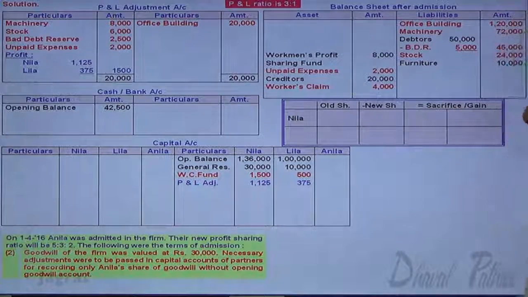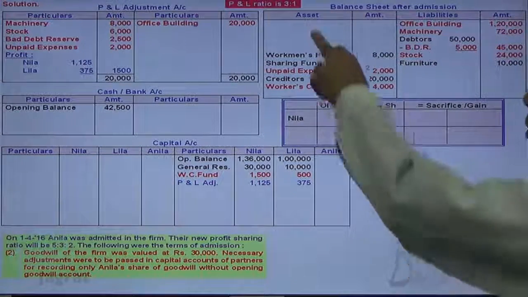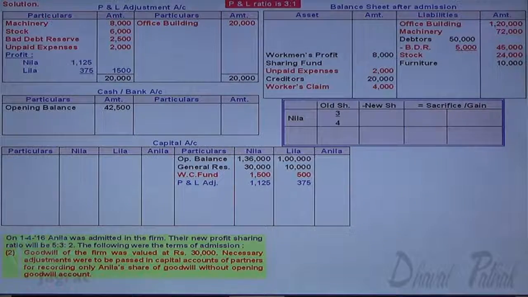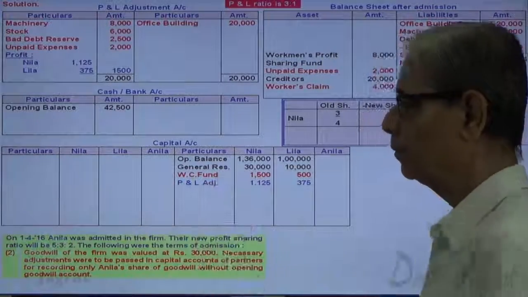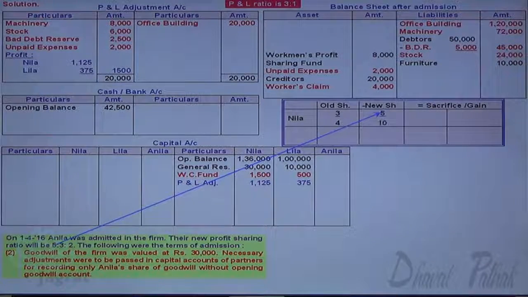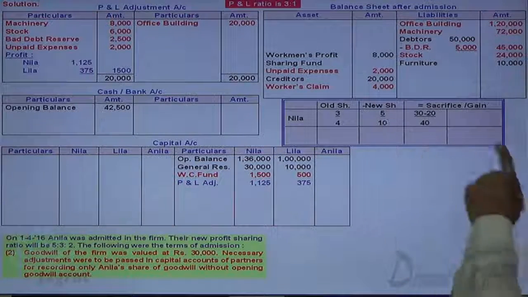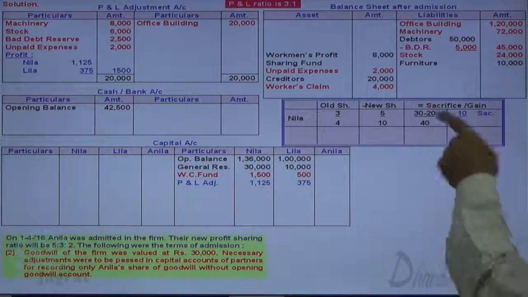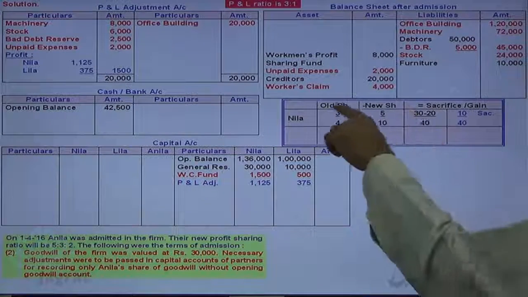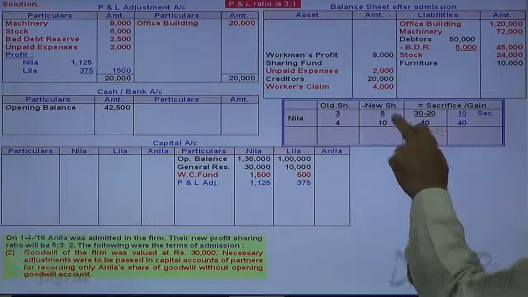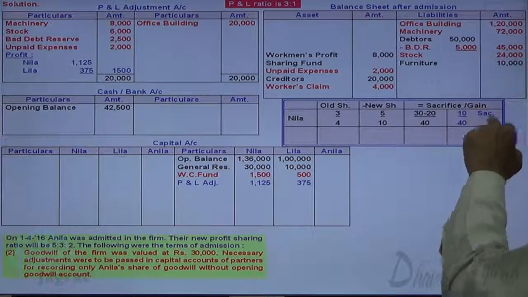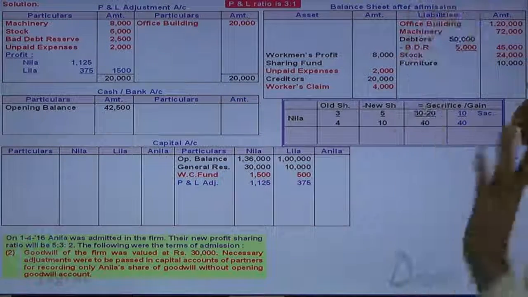First partner is Neela. Old ratio is 3/4. New ratio 5/10. 3/4 minus 5/10. So 30 minus 20 upon 40. 10/40 is the sacrifice. So old ratio was 30/40 and new ratio is 20/40. So 10/40 is the sacrifice of Neela.